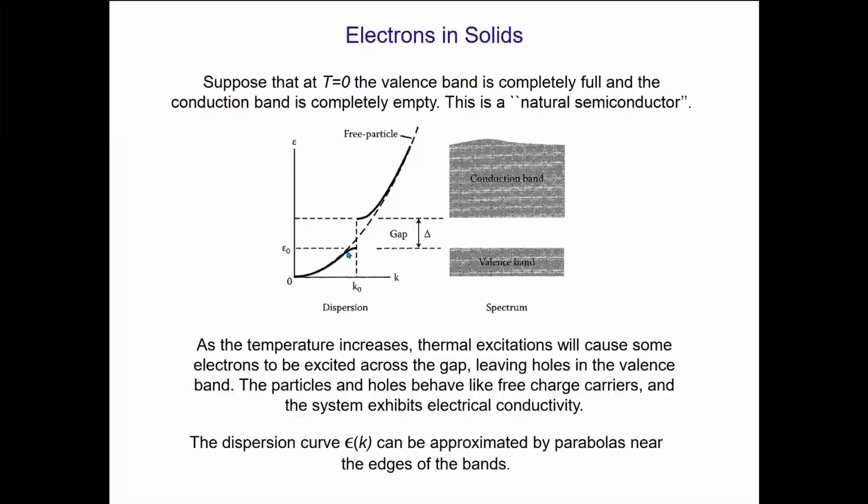So we can approximate the smooth pieces here, the deviation from the quadratic dispersion curve, by parabolas. Okay, it's a good approximation. You see that this is a typical experimental picture, and you can see that we can indeed approximate it here by parabolas. That's a good approximation in the neighborhood at the top of the valence band and at the bottom of the conduction band.